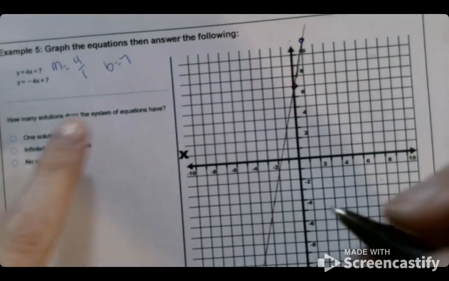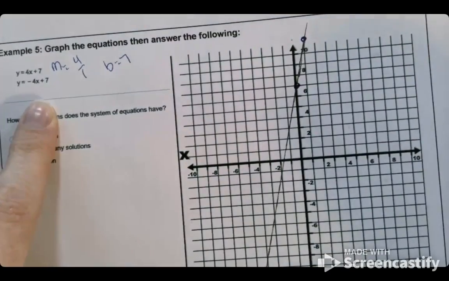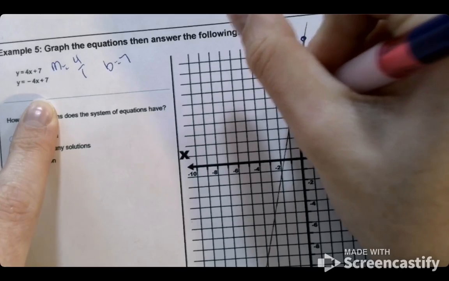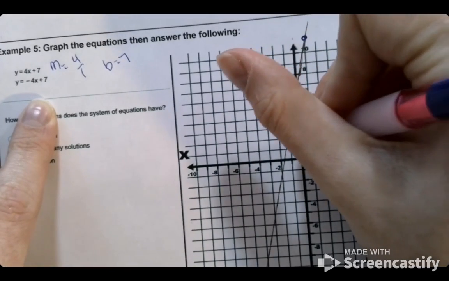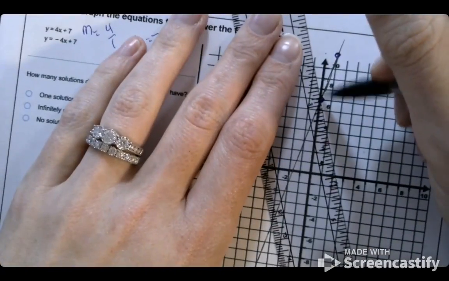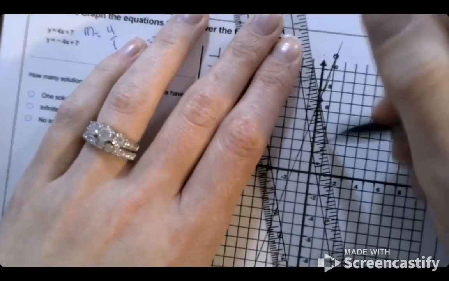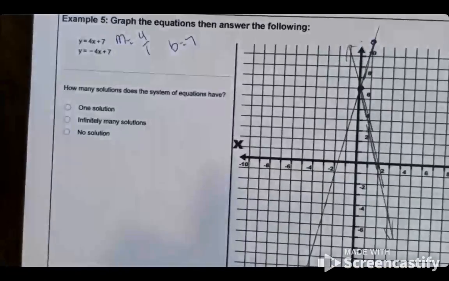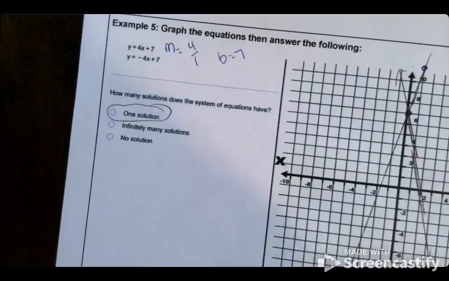And then this one, we had positive 7, went down 4 and over 1 the other way. And again, you could have kept going, but realistically, if they're just asking for a number of solutions, then it is one solution.